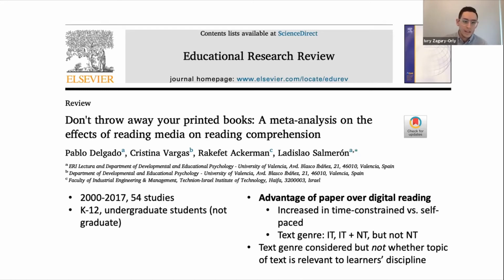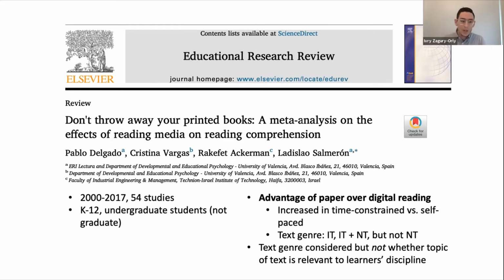So here's a systematic review published, I think, in 2017, suggesting an advantage of paper over digital-based reading. To our knowledge, it's probably the largest systematic review on the subject, in which they found 54 studies from between 2000 and 2017.